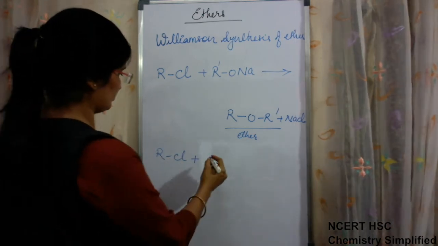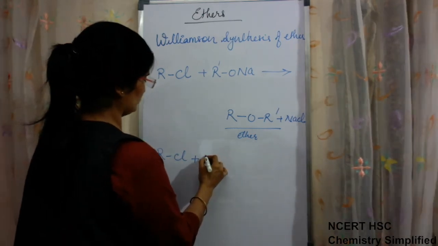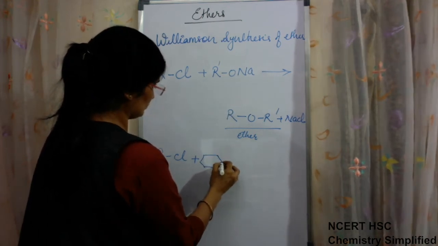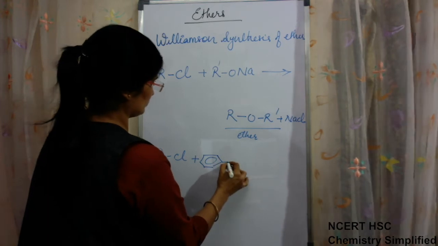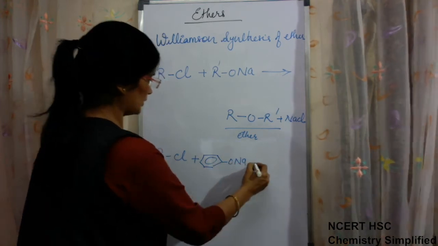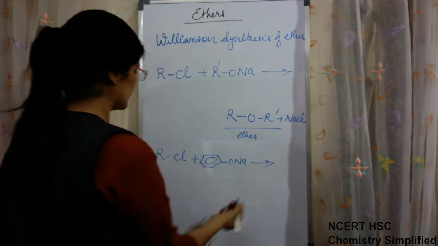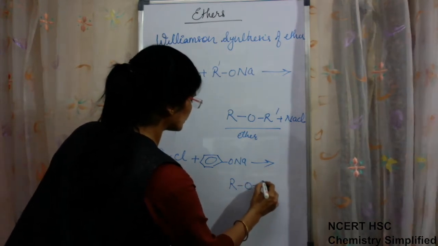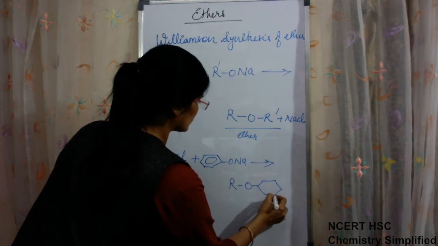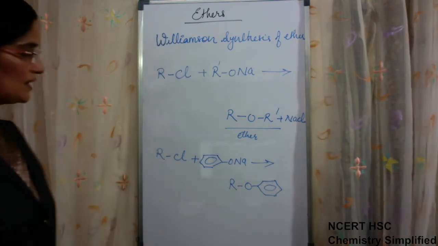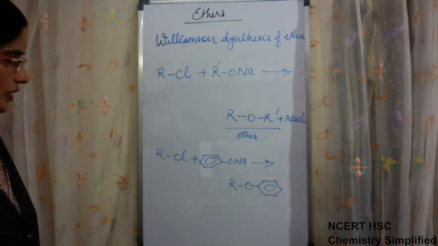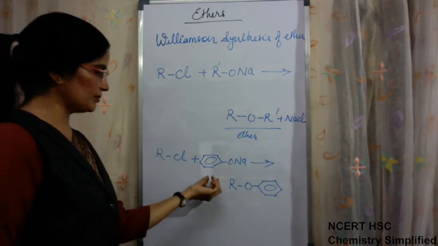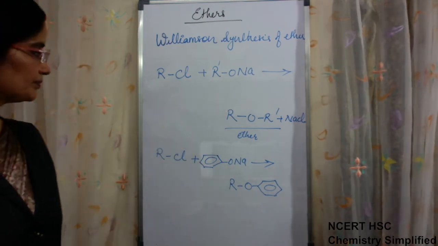Now this R dash can also be aromatic. Then in that case the ether formed will be RO, alkoxybenzene. Okay, so it can be aliphatic, it can be aromatic as well.